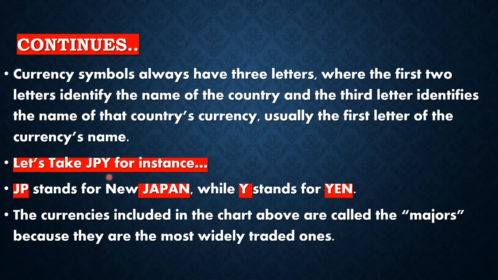JP stands for Japan, while Y stands for yen, which means JP stands for the country's name, then the Y at the end stands for the currency.